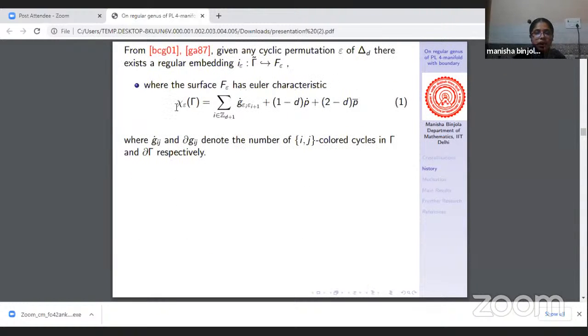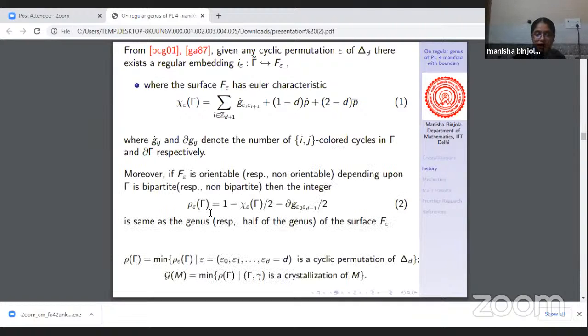And from these 2 papers, we get that the surface in which gamma is embedded has Euler characteristic in this form. So this is a nice thing, that the Euler characteristic depends only on the graph quantities: G dot, P dot and P bar, where G dot ij and del G ij denote the ij colored cycles in gamma and del gamma.